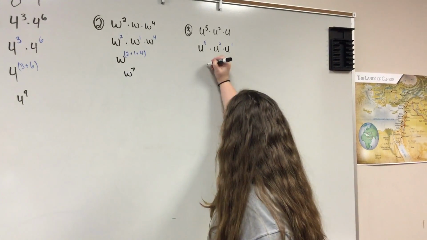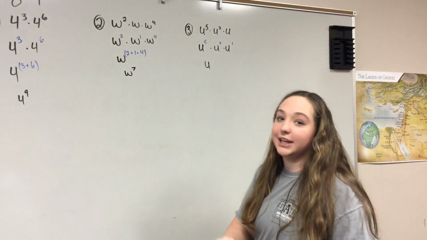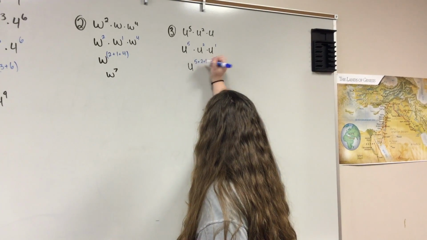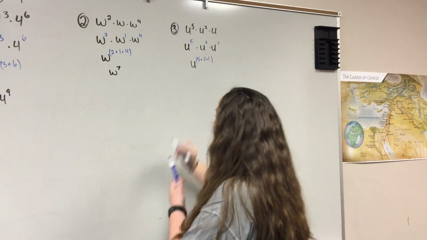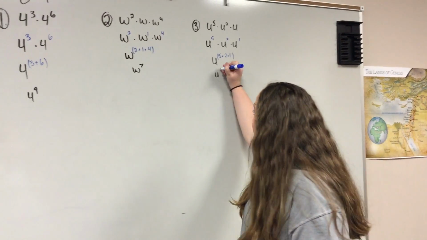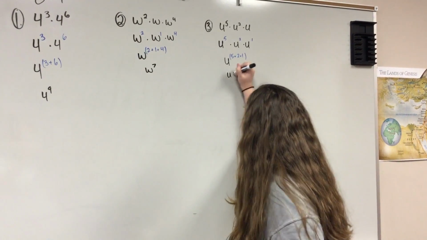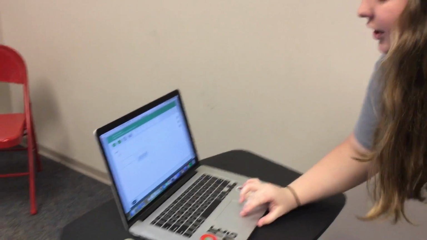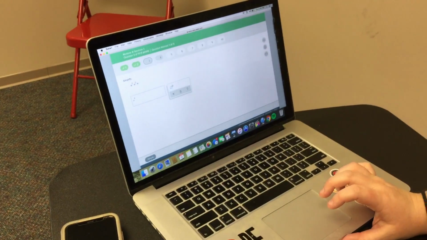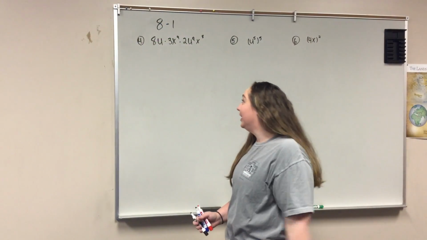I'm going to bring that down, and this is being multiplied, so I'm going to add them together. So 5 plus 2 plus 1. 5 plus 2 is 7, plus 1 is 8. So it's going to be u to the 8th power. I'm going to go over here. U to the 8th power. Check it. We're going to go to number 4.